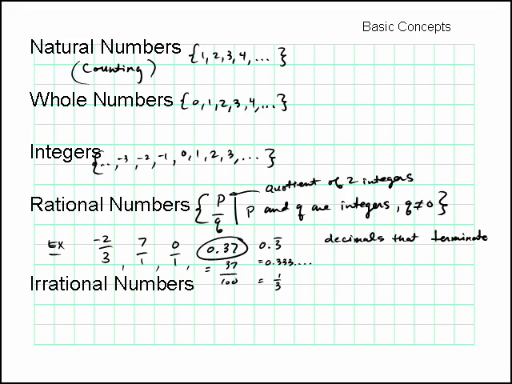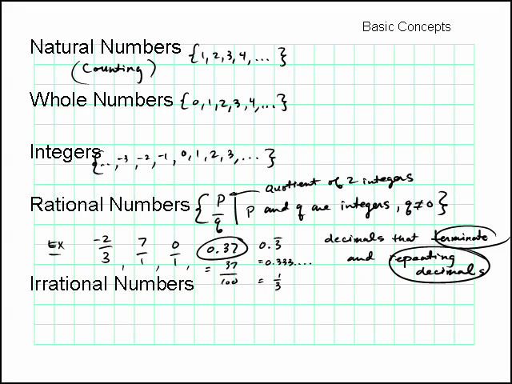It goes to two decimal places, then it stops. All terminating decimals are rational numbers. You can always write them as a fraction. And repeating decimals as well. Terminating decimals and repeating decimals can always be written as a fraction, and therefore they are rational numbers.